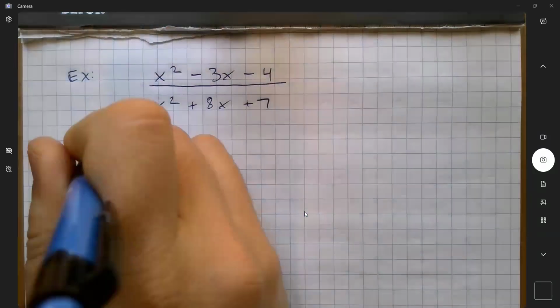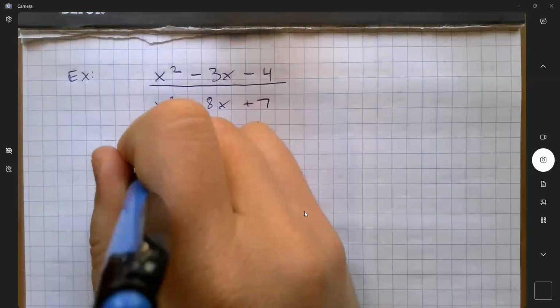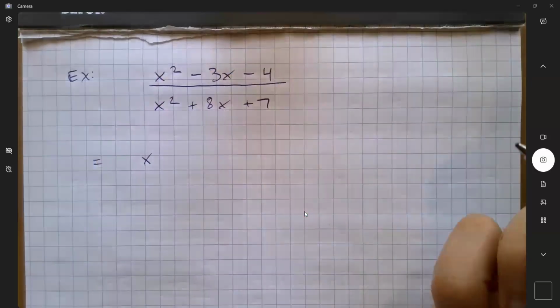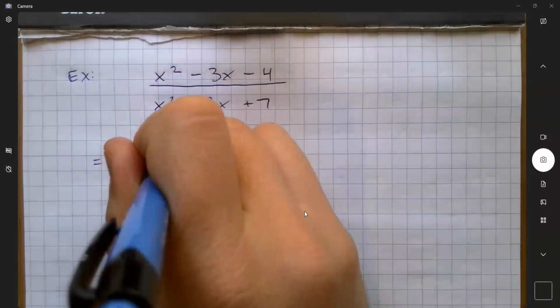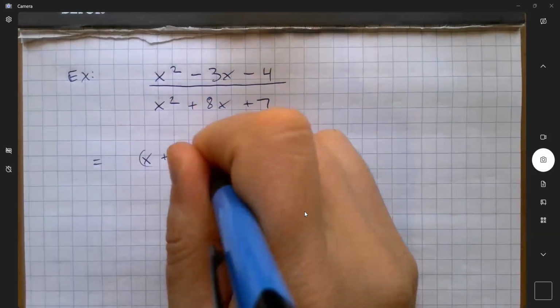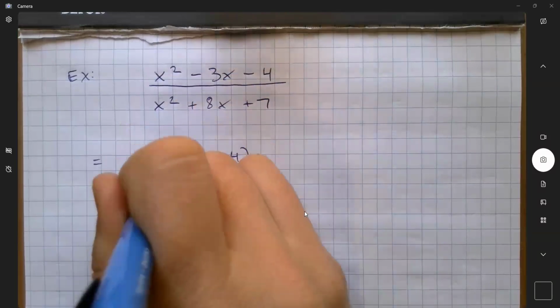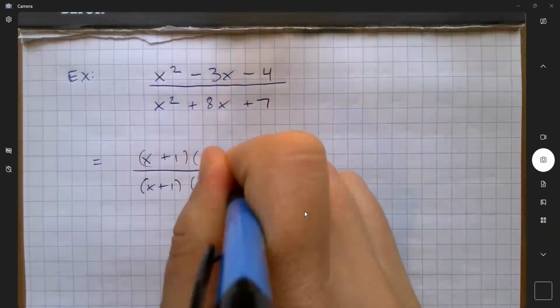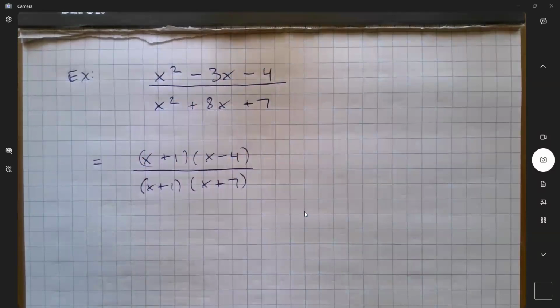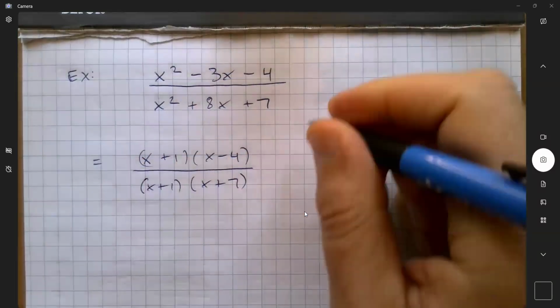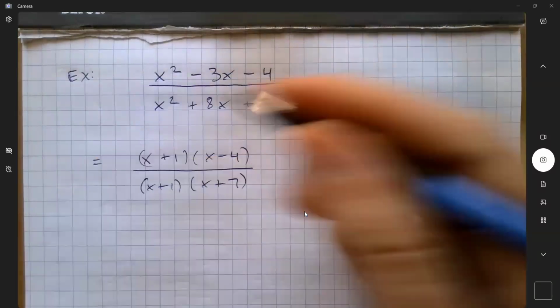Let's factor the top and bottom. When I do the box method, I'm going to skip forward, but you can check. I should have an x plus 1 and an x minus 4 on top. And I should have an x plus 1 and an x plus 7 on bottom. Now I have factored. This is fine. Factoring maintains the equality.